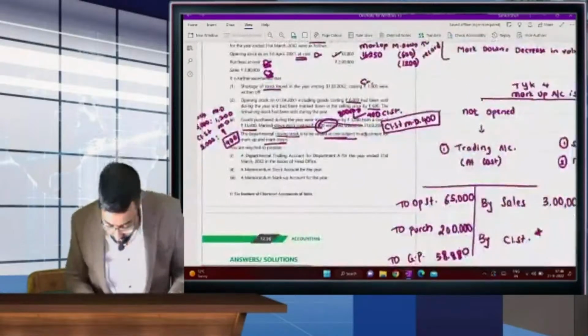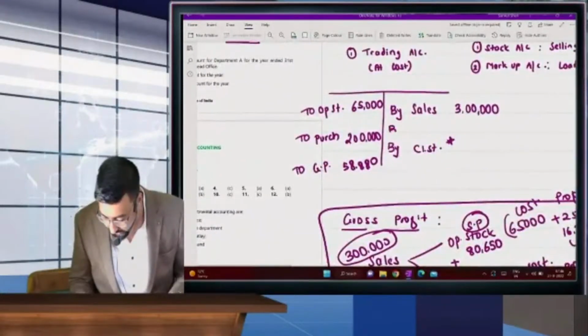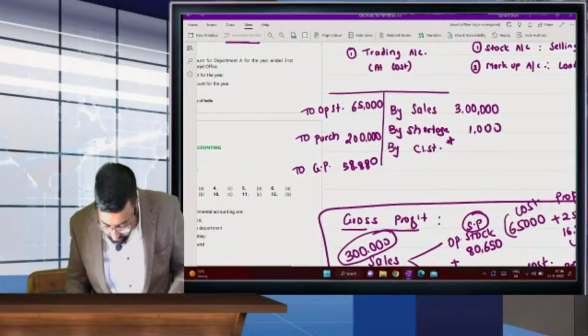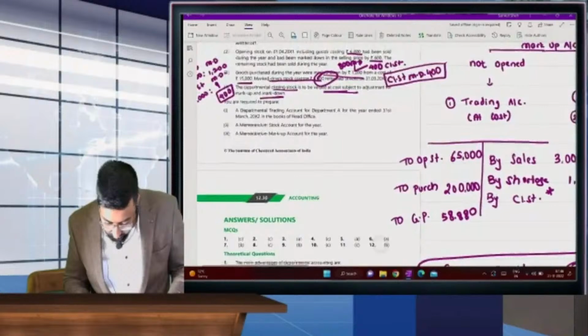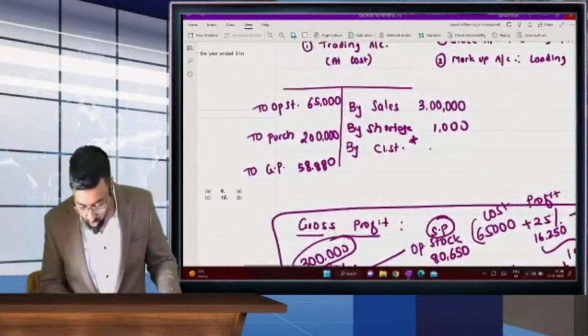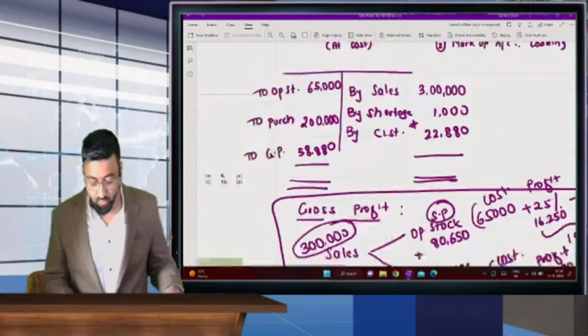I forgot to consider shortage. Okay, sorry. So my shortage is 1,000. अरे shortage भी हुआ था ना. So my closing stock will be 22,880 without having any markdown concept.